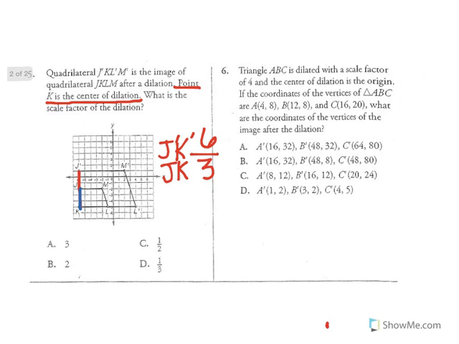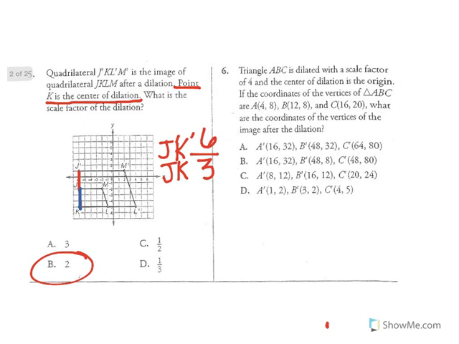Okay, so the scale factor for this one, you can only get if you look at the straight line segments. You can't look at the diagonals, okay? You have to look at only the straight line segments. So the scale factor for this one would be 2. Okay, because the original figure is smaller, and when we dilate it, it made it 2 times bigger.